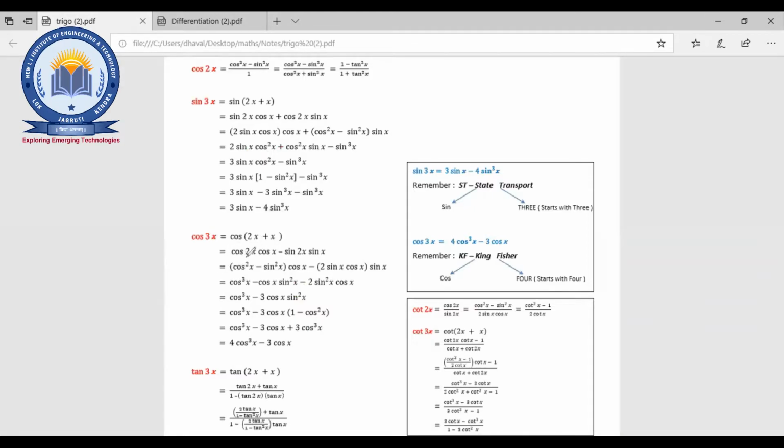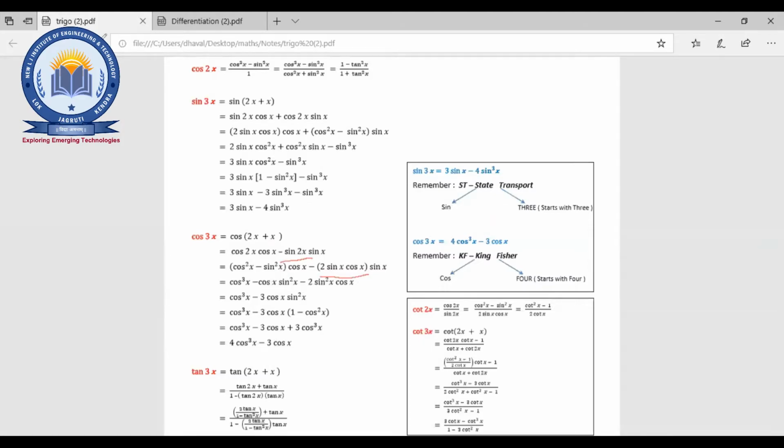Instead of cos 2x, we have used another equation here: cos square x minus sin square x. And instead of sin 2x, we have used 2 sin x cos x. Then just expand this, and you will get the result.